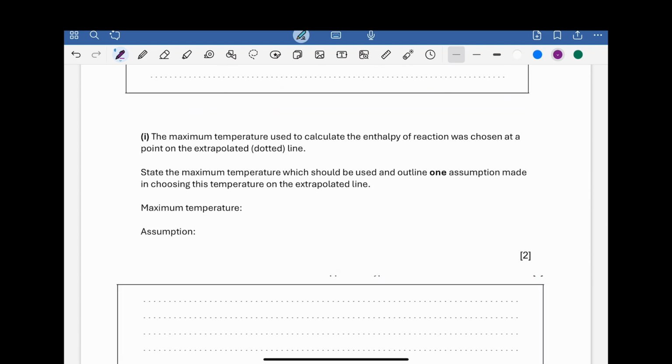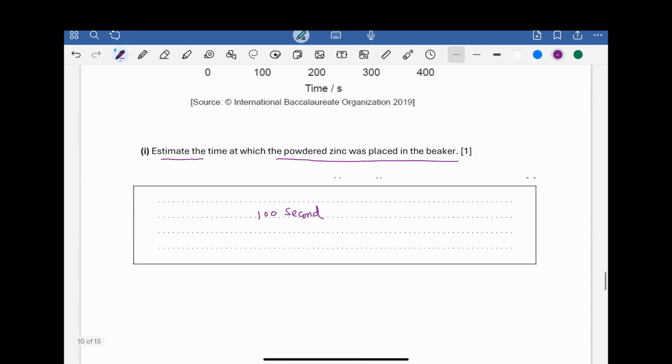The maximum temperature used to calculate the enthalpy of reaction was chosen at a point on the extrapolated dotted lines. State the maximum temperature which should be used and outline one assumption made in choosing this point on the extrapolated line. Let's go back and have a look.